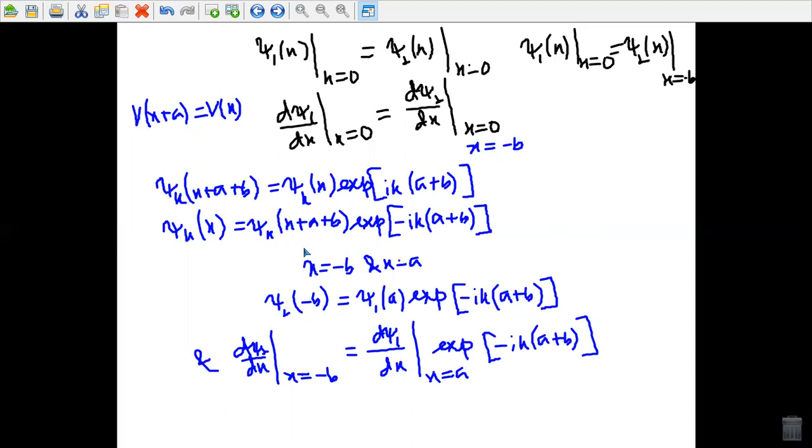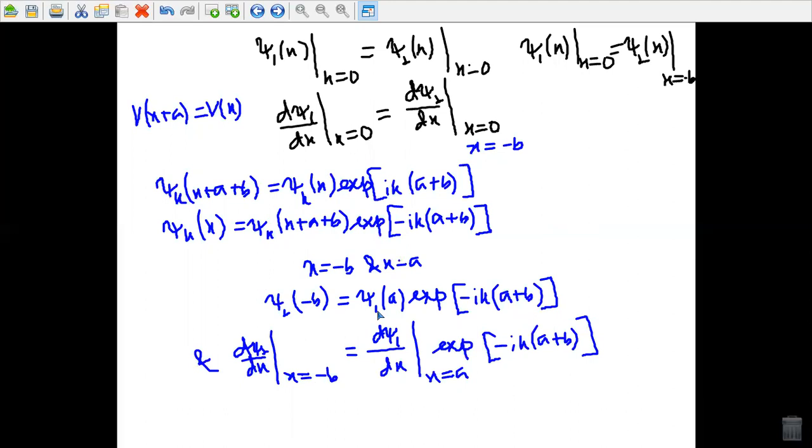So incorporating this requirement at x equals minus b and x equals a, these two equations become psi 2 at minus b equals psi 1 at a e to the power minus ik(a plus b).